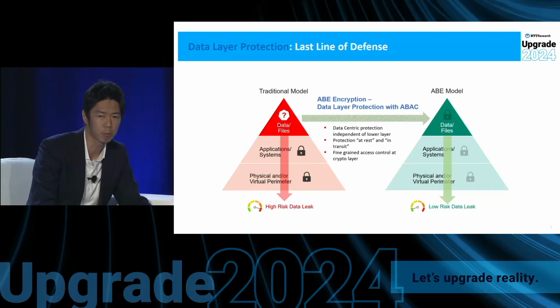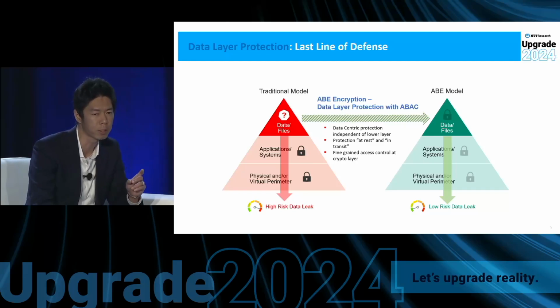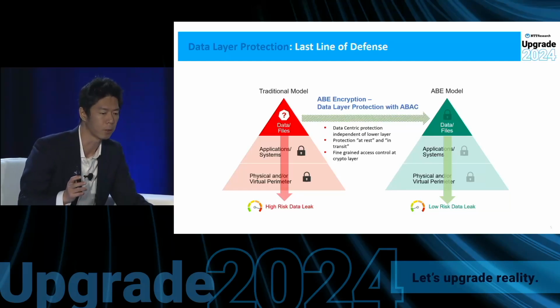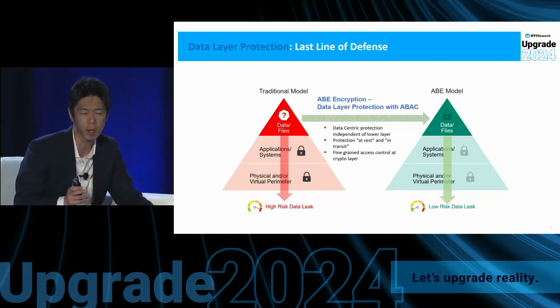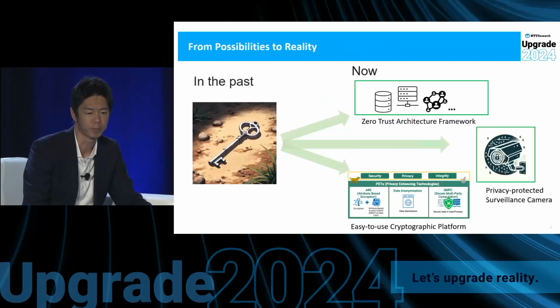But this means that the data itself is not protected. So if the data is moved out of the system, in the worst case scenario, the data can be stolen and maybe leaked. But if you're using ABE, even in the same case, the data is still protected. These are very strong features of ABE.